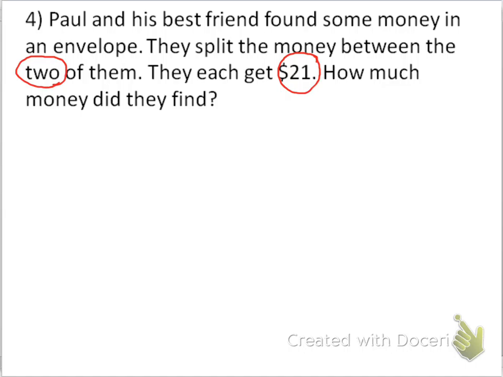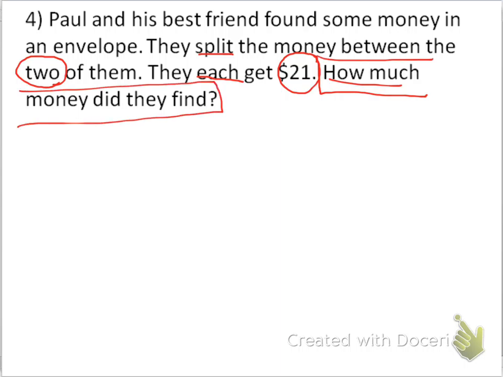They split, that's an important math word, split the money between the two of them. They each get $21. How much money did they find? Now we're going to box the question, and we eliminate unimportant information. In this case, we actually do have some unimportant information. The fact that Paul and his best friend found some money in an envelope doesn't really matter to us for this question. So we're going to cross that part out.